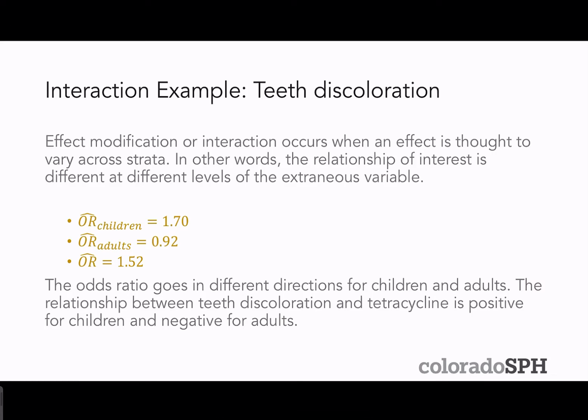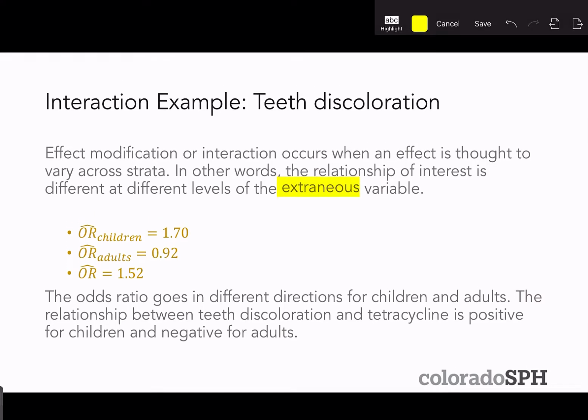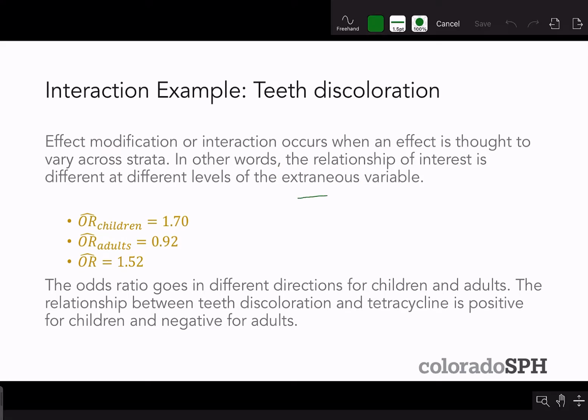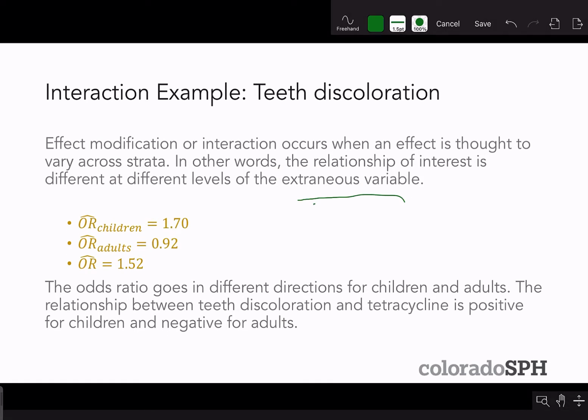Effect modification or interaction occurs when an effect is thought to vary across strata. In other words, the relationship of interest is different at different levels of the extraneous variable, and in this case, our extraneous variable is age, children versus adults. The odds ratio for the combined data from that previous slide is 1.52, and that's the odds ratio for the relationship between the antibiotic and teeth discoloration.